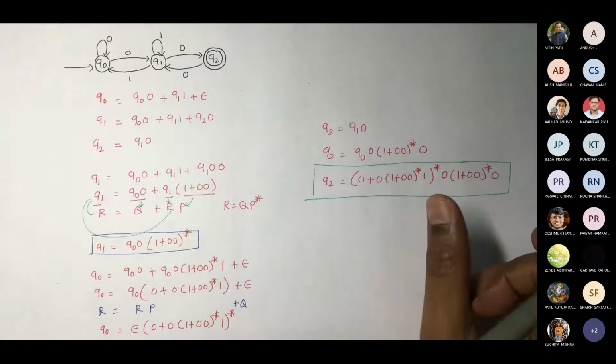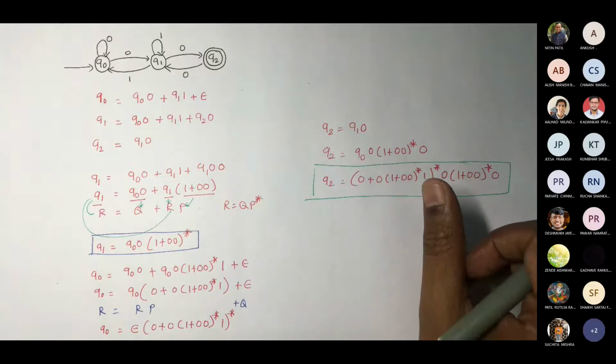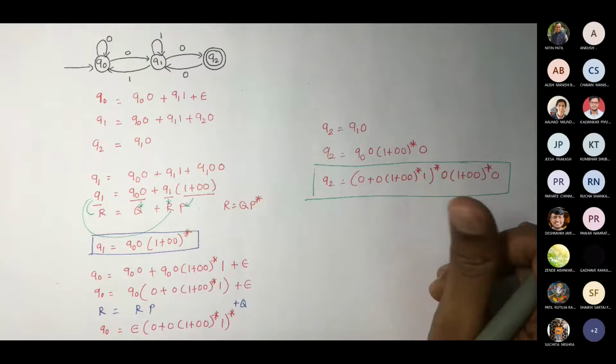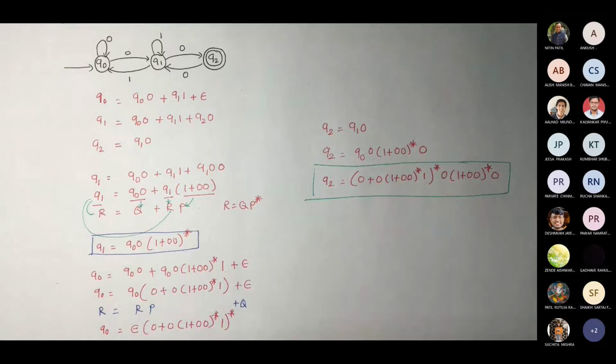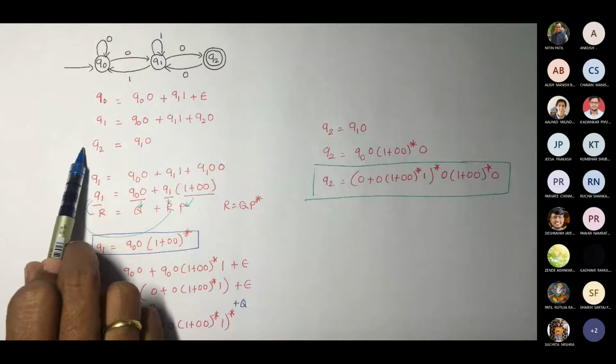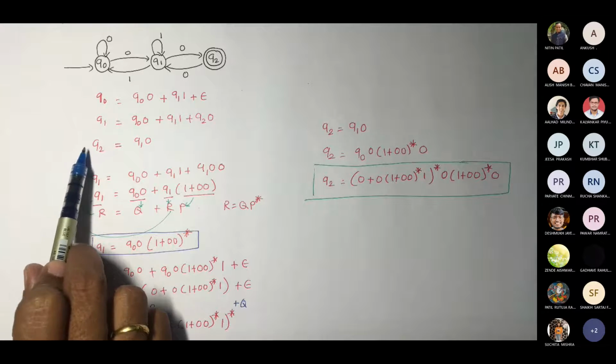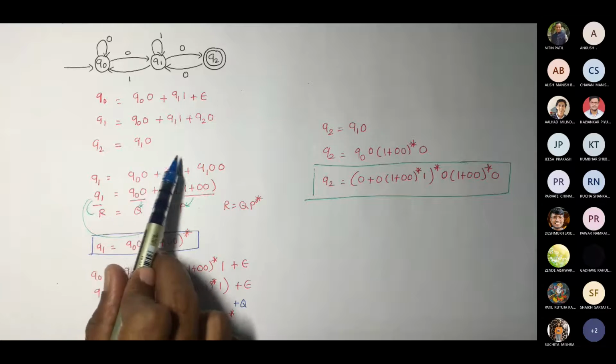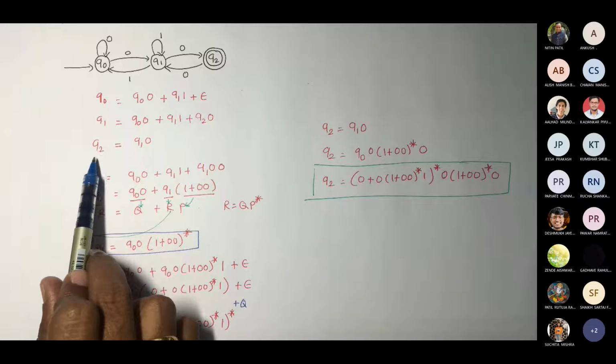Majority of the time your choice of equations may matter, because you may get jumbled and not reach the final solution. So concentrate mainly like this. See which is the final state. Try to solve each state which occurs on the right side of the equation for the final state.